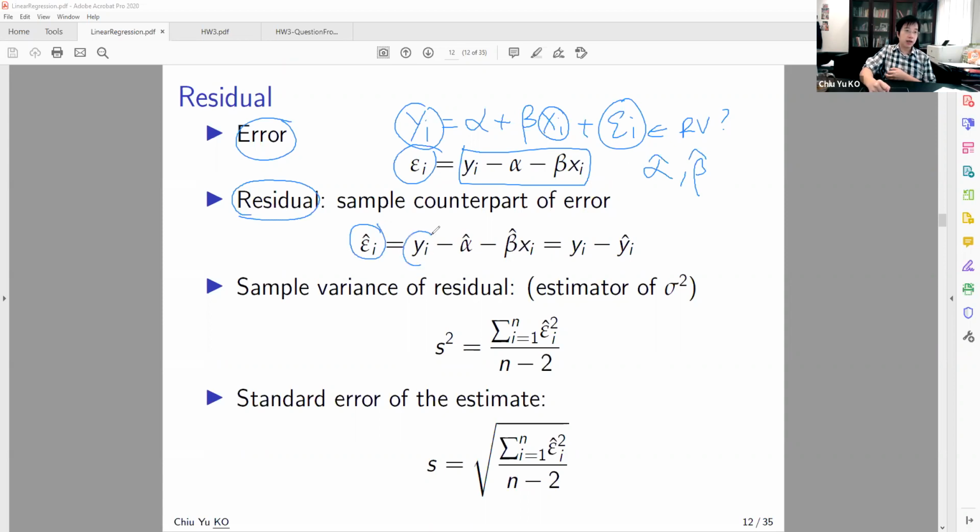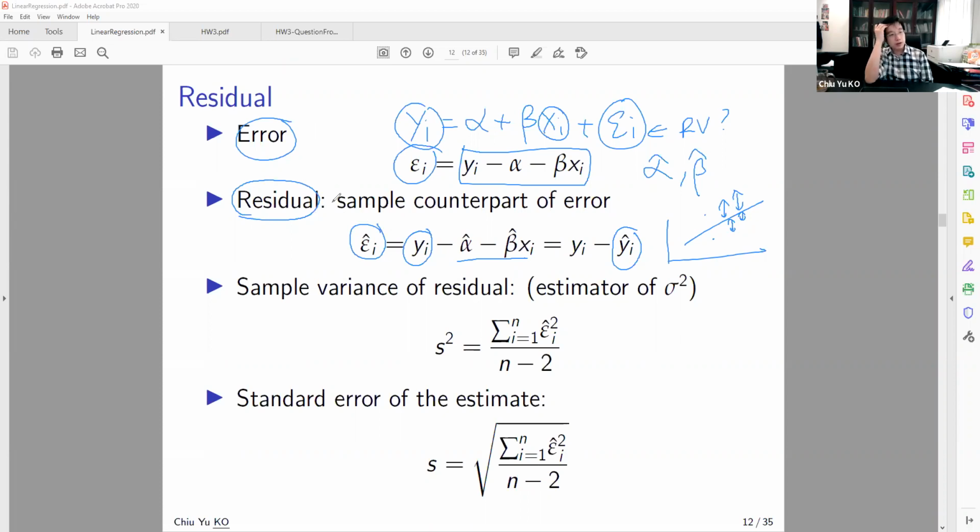Look at the yi minus the yi hat, which is the fitted line, you dot the point, and this is called the residual. It can be positive, can be negative, depending on whether you're above or below, but that would be the residual. The residual is something realized. You can say someone can realize the error, but the error is a population thing. It's a random variable.